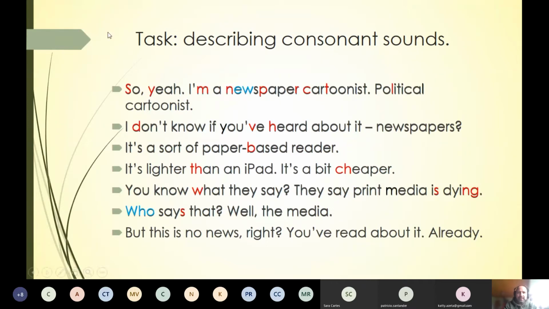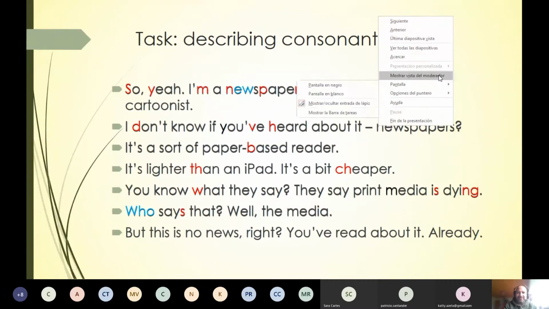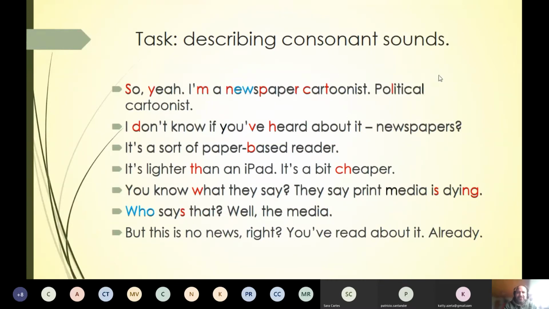Let me know if you're able to see this, because I always try to confirm if I'm sharing the correct screen. In this case, I'm trying to share the PowerPoint slide.